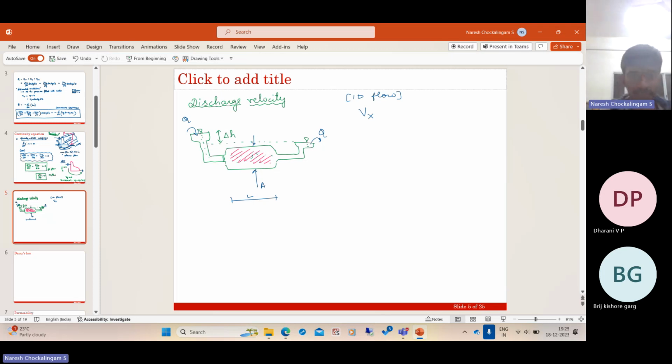There will always be some small velocity components in the Y and Z directions, suppose this is the X direction, but they are neglected. So it is 1D flow. And we define the discharge velocity as Vx is equal to Q by A. Now Vx is not the velocity of water through the pores.